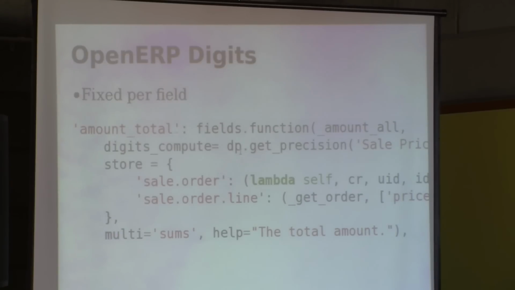You get one precision per field. So let's say here it's the definition of the amount of the sale, but you can make a sale in different currencies where there are different precisions, and then you are stuck because you need to use the most common value for all the currencies you could have.